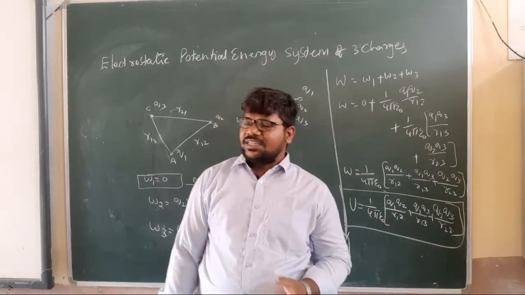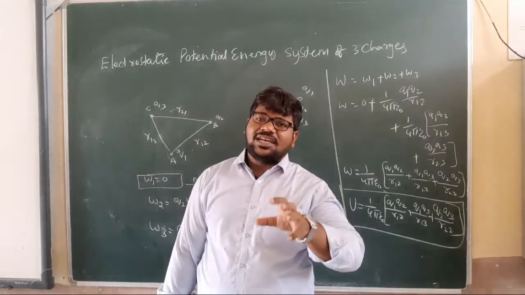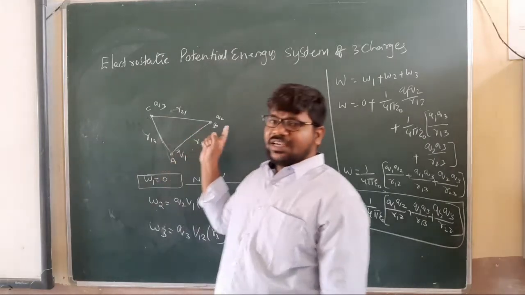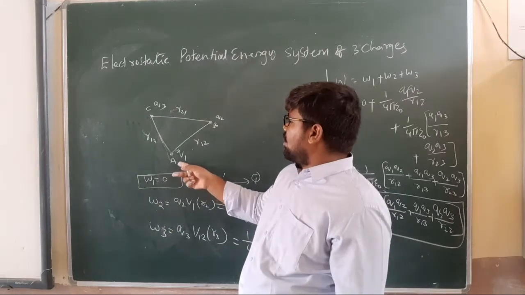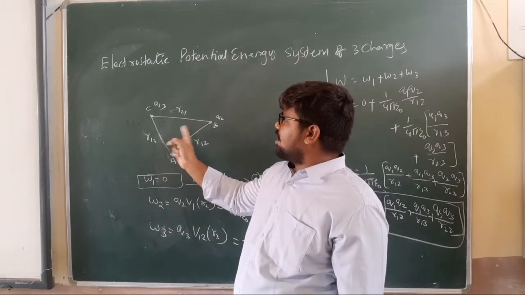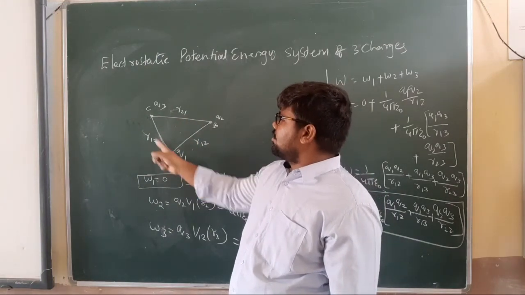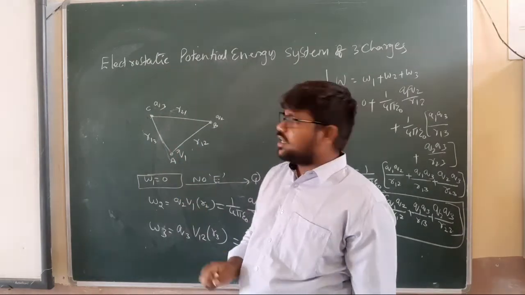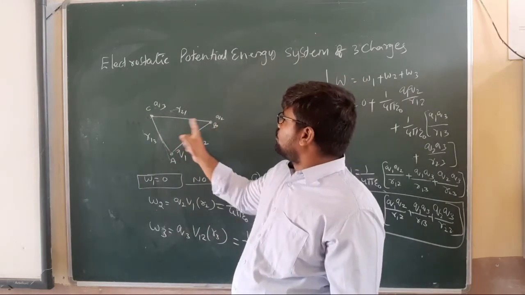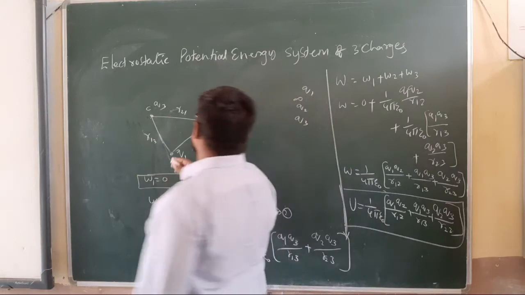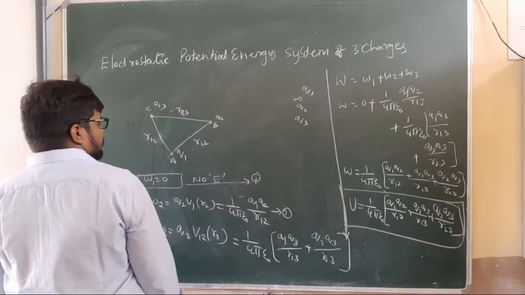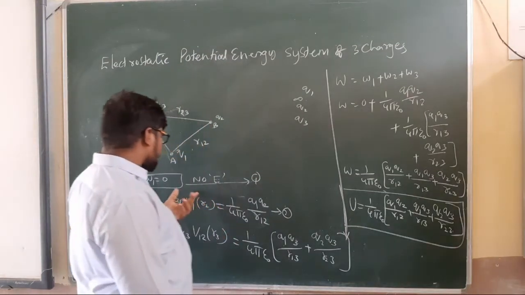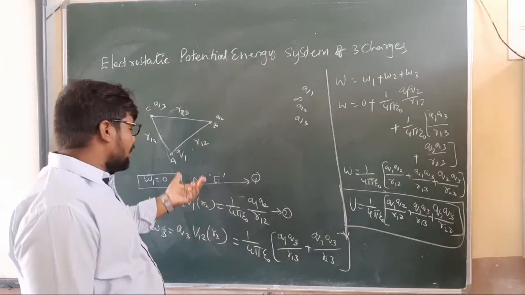So once again, my children, we have to take 3 charges from infinite distance to A, B, C. The distances we know are R12, R13, and R23. Okay, it's clear. Here work done 1 is 0 because there is no electric field.